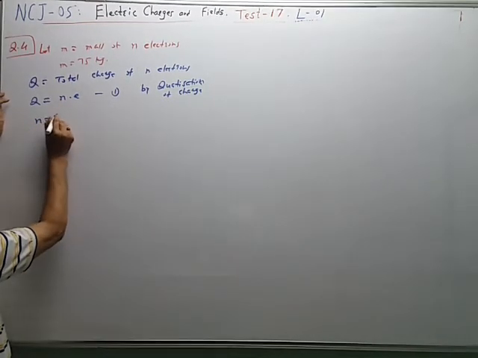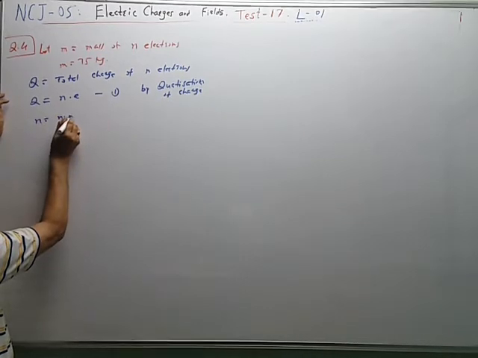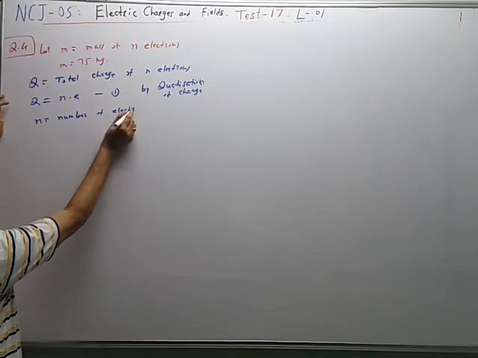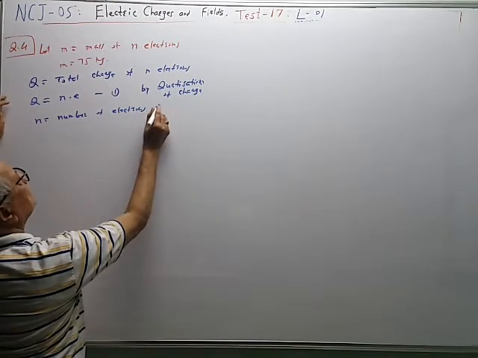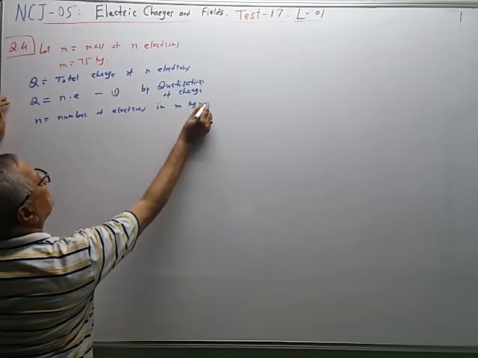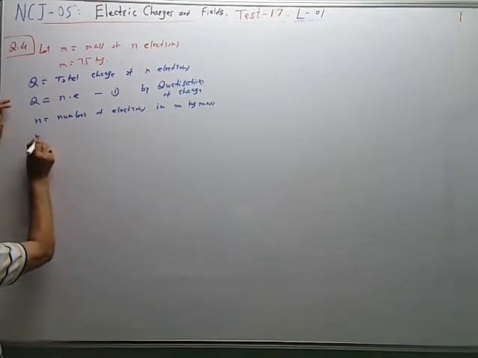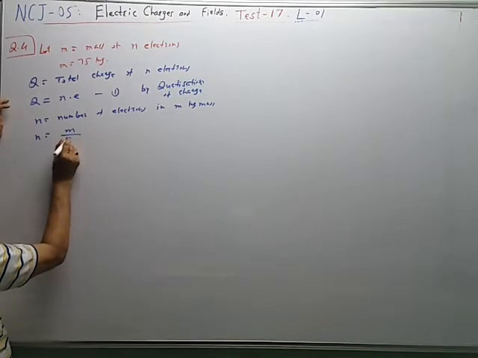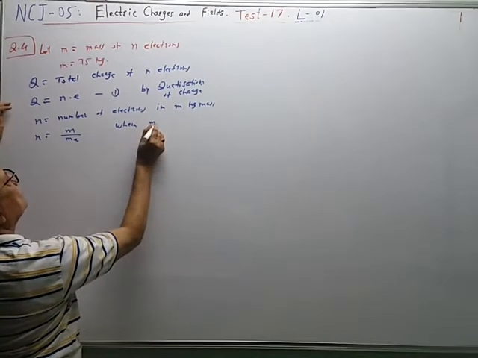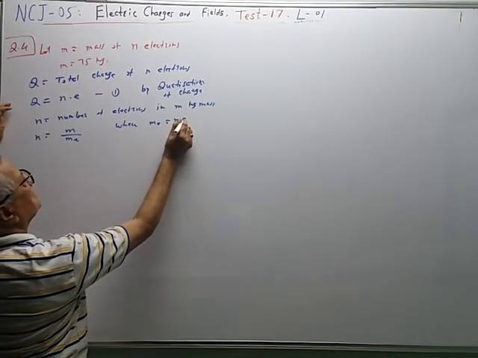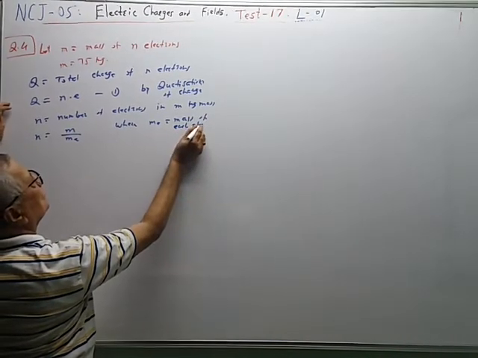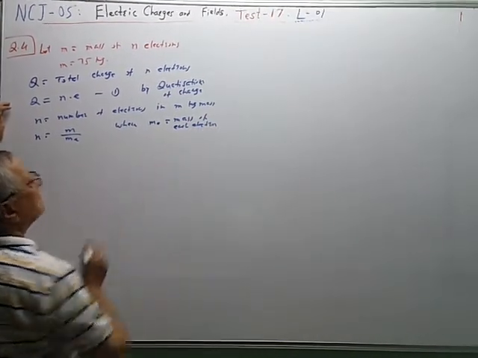n is the number of electrons in m kg of mass. Therefore n is equal to m upon m e, where m e is the mass of each electron. So how many electrons are present in 75 kg?